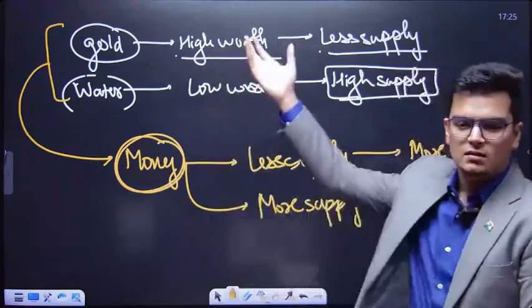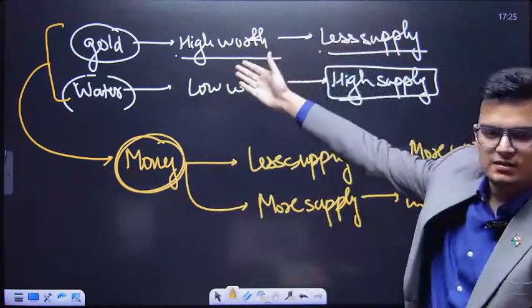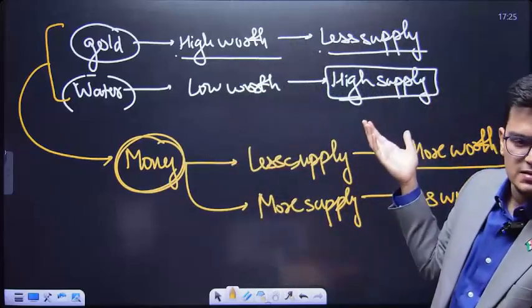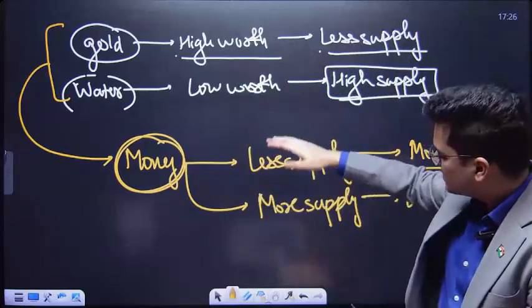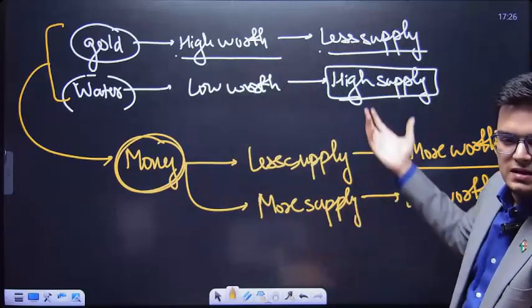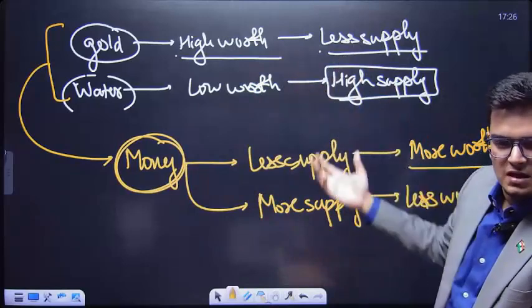Same thing, gold has less supply, it is highly worthy. So when money supply is reduced, the worth of money will increase. When money supply is increased, the worth of money will decrease. Same logic is there.